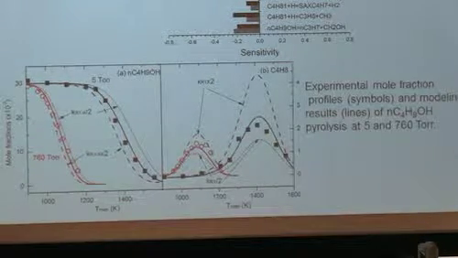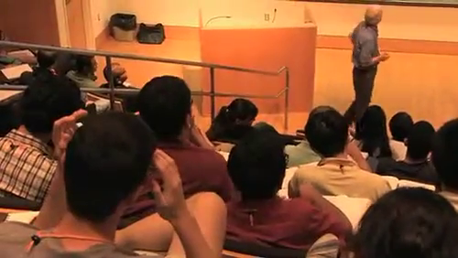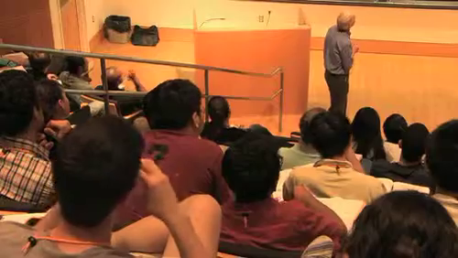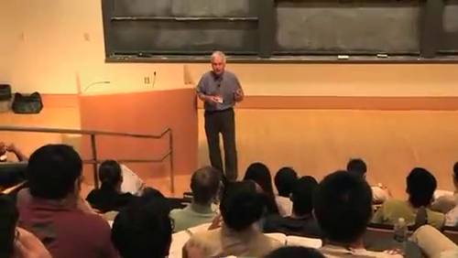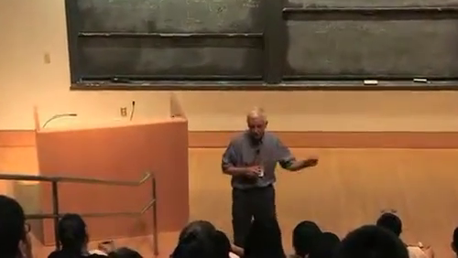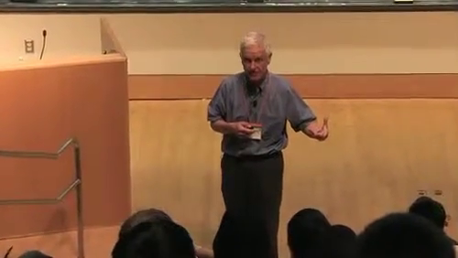Yeah? So when you say the sensitivity is higher, does that mean it's pushing the reaction, it's affecting the reaction more in the sense that you're getting more product, or? No. So what this refers to is the sensitivity of the concentration of C4H8 to this particular reaction. So if you have positive sensitivities, then that's going to increase the concentration of C4H8.